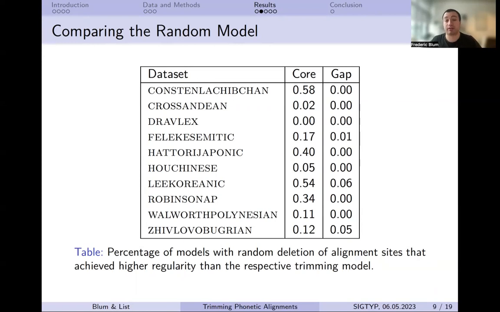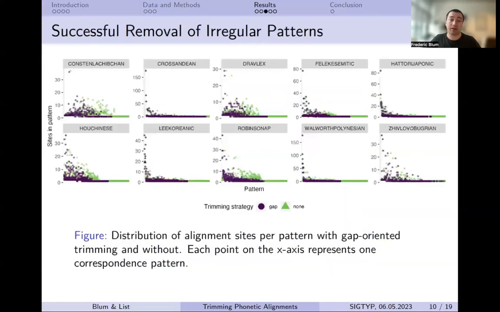So this means that by randomly deleting sites that are sometimes also within the preserved core, we actually achieve a higher regularity. This is further confirmed by the fact that this is not the case in the gap-oriented trimming, where we do have the best results in nearly all cases achieved by the targeted trimming and not by the random approach.